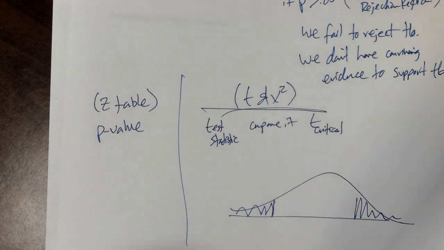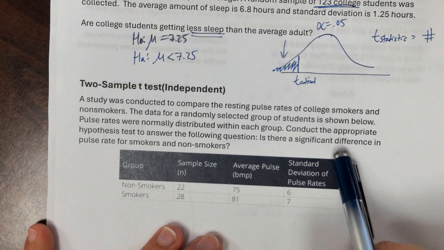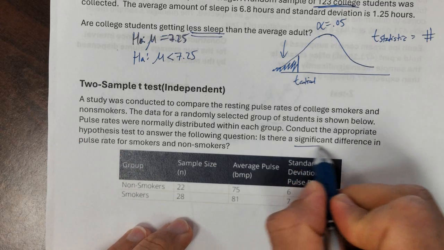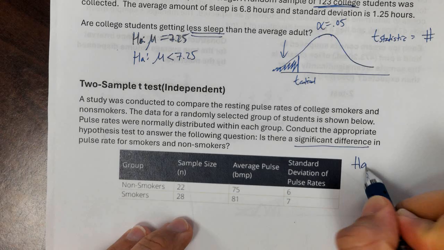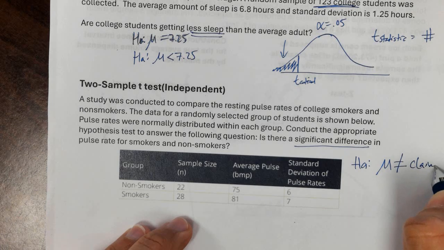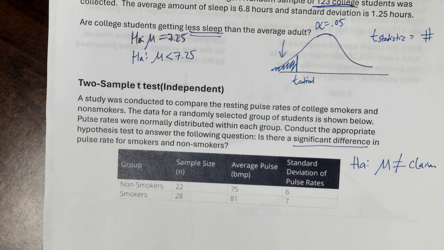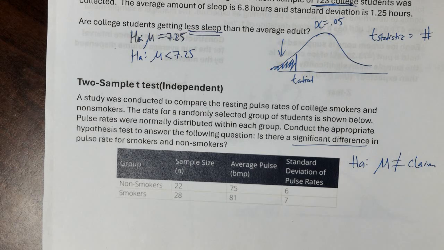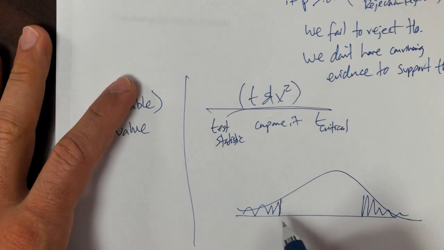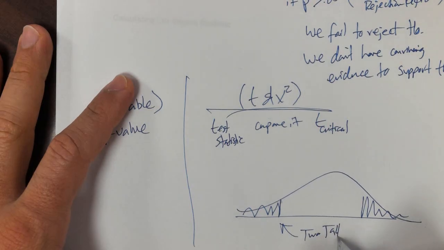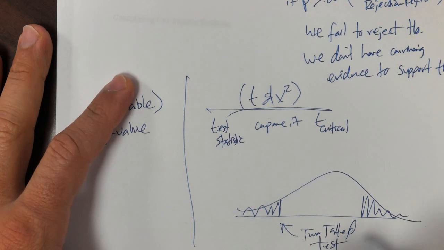Okay. And then notice how this next example, is there a significant difference between smokers and non-smokers? Significant difference would imply that the alternative is not equal to the claim. Right? When it's not equal to, that's when we use a two-sided, a two-tailed test.